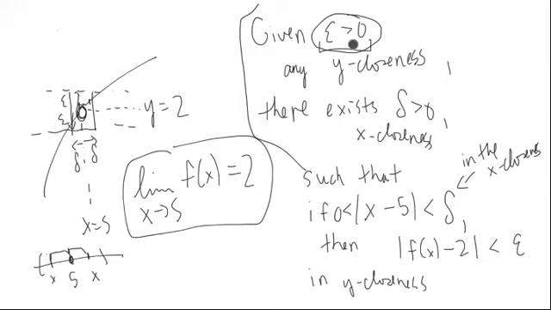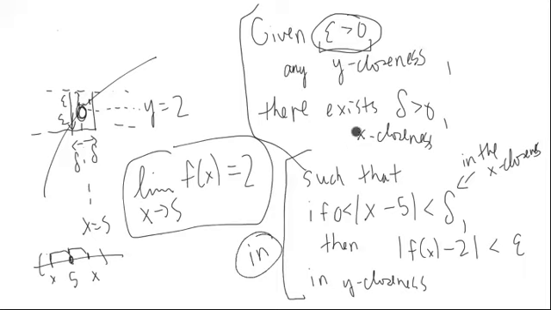So see how this is symmetric: y closeness on the ends, x closeness in the middle. At the last part, there are statements about being in, and it's kind of like an if-then statement. If in x closeness, then in y closeness.